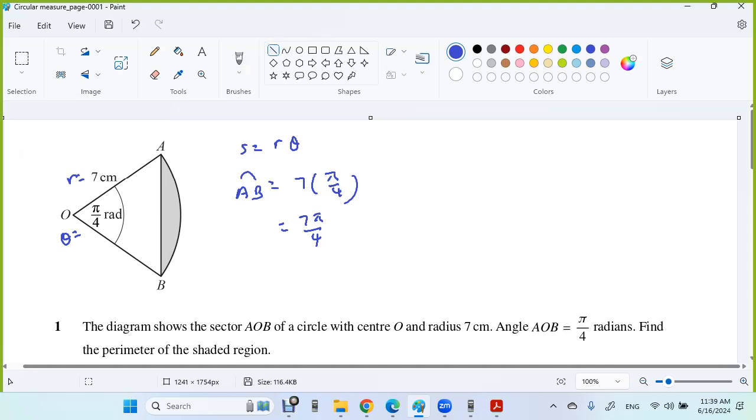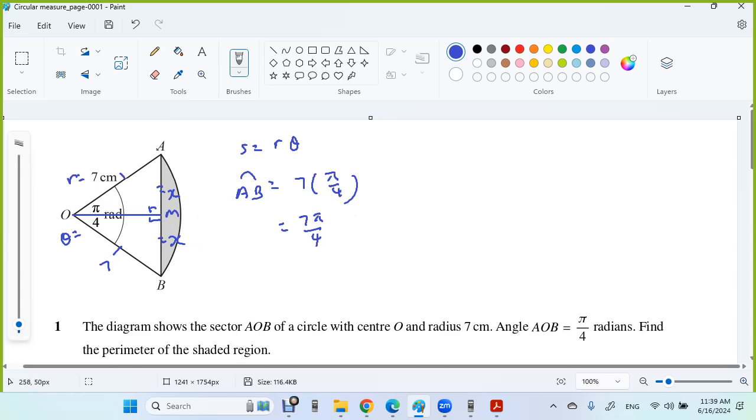And next, if we want to find the value of AB, we add a line here. Because these are radii, 7 and 7, this line will be perpendicular. I give a name X here, and this is AM.